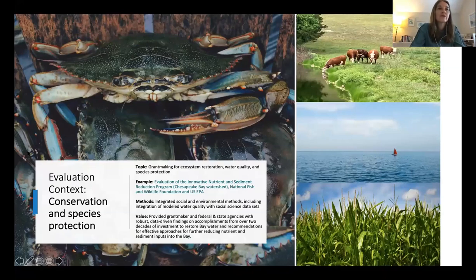So I've been really lucky to be involved in some really interesting evaluations of conservation grant making. The first one here is not the first one we did.